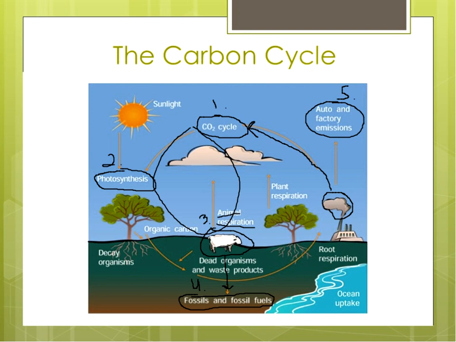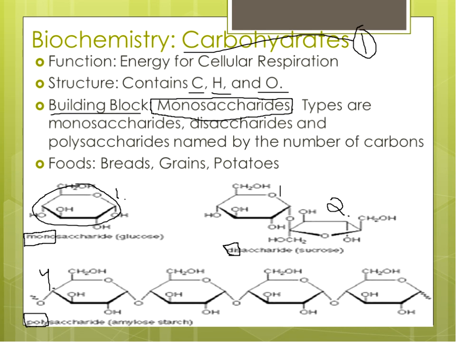X's mean I don't get this at all yet. Okay, it looks like the majority of us, or pretty much all of us, who are using the check marks or the X's agree that we got it. So carbon cycle, energy pyramid, carbohydrates, good.